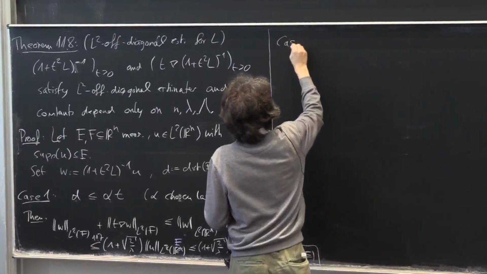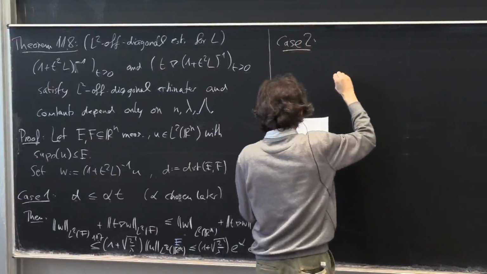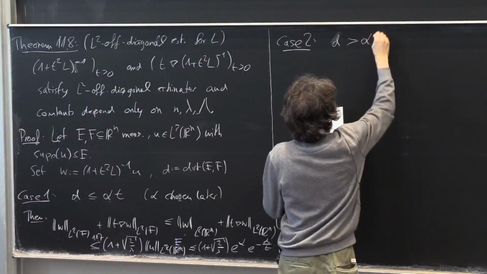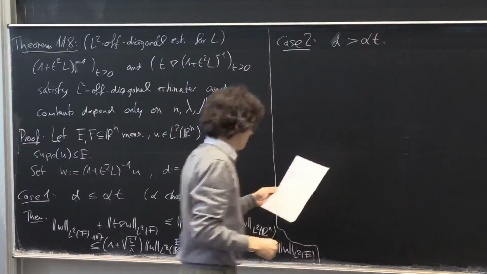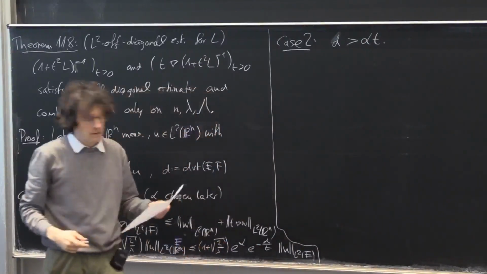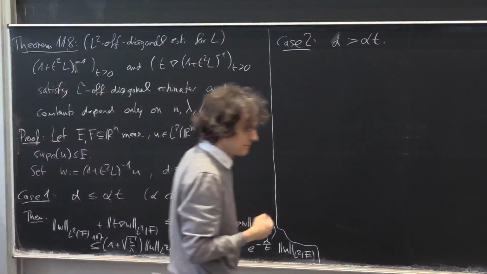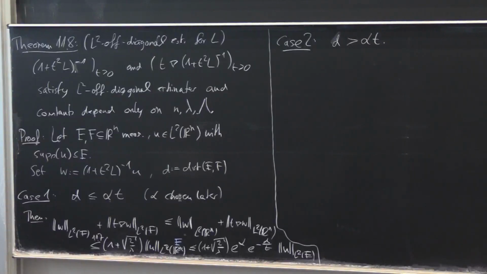Okay, case 2. We look at the interesting case: the distance is larger than alpha times t. This proof is really something amazing, because I can present it and I hope you will say, yeah, this works.